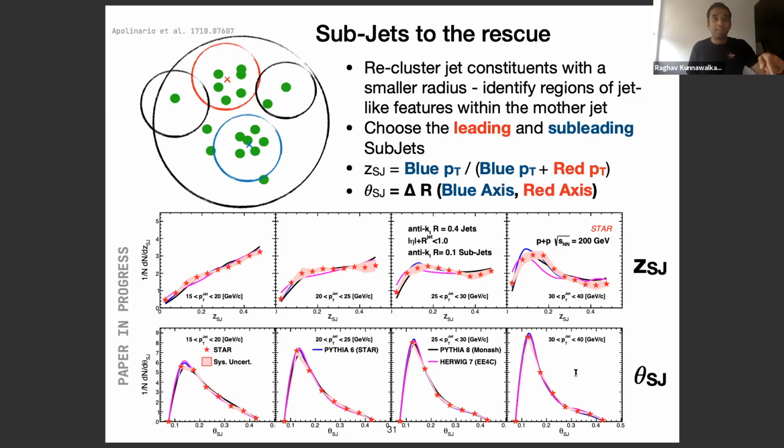And then we compare it to the theta subjet observable in the bottom, right? Again, for the same PT bins. The data, as usual, is in the red star markers. The Monte-Carlo is in different colored lines. So you see the shape of the Z subjet changing as you increase the PT, right? At very low PT, the shape of the jet itself is broad.